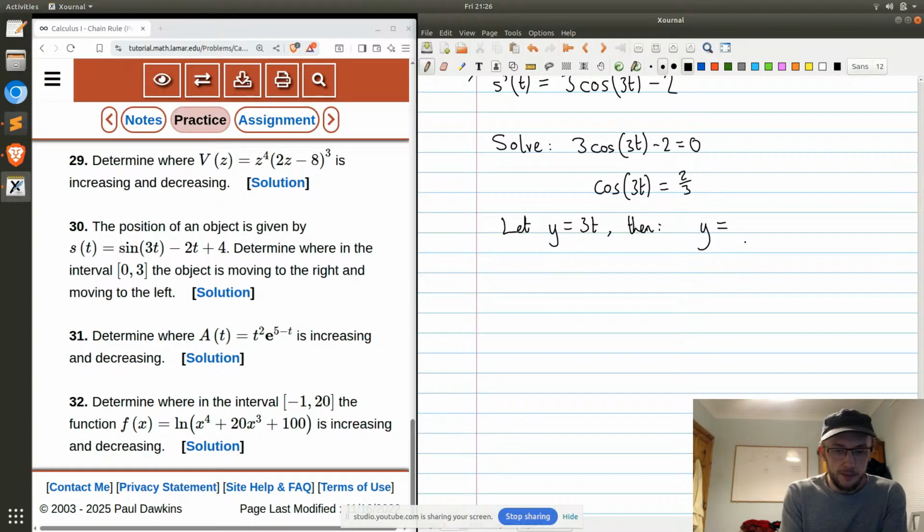Our inverse cosine of 2/3 is 0.8411. What else, though? So we have to do 2 pi minus that. And then we get the other one.